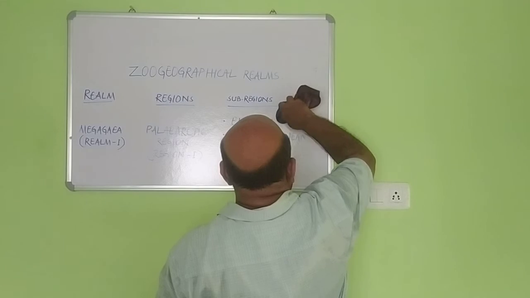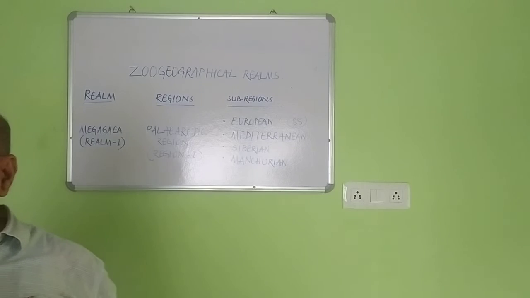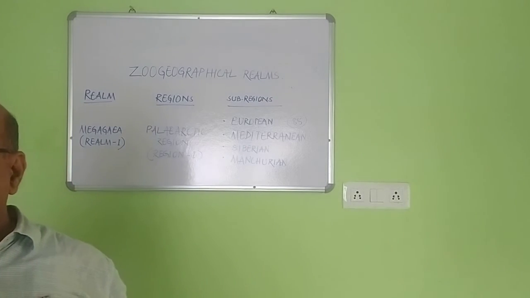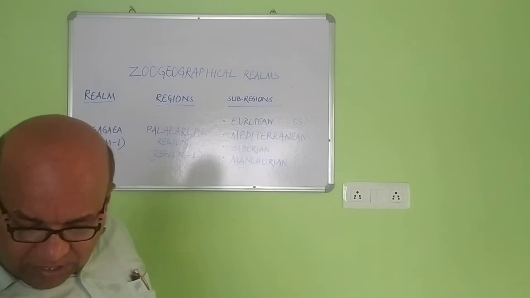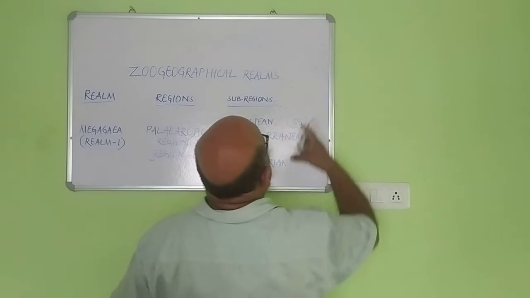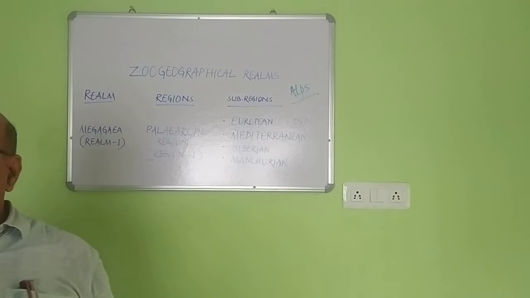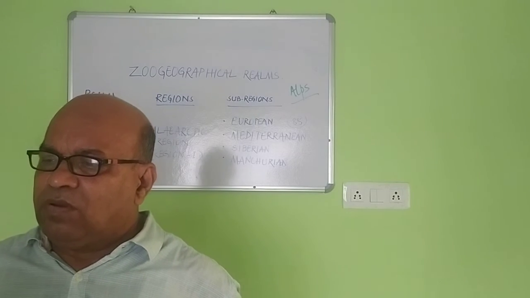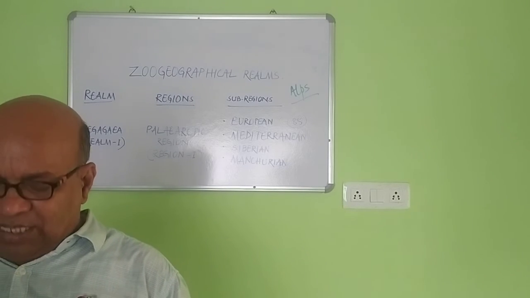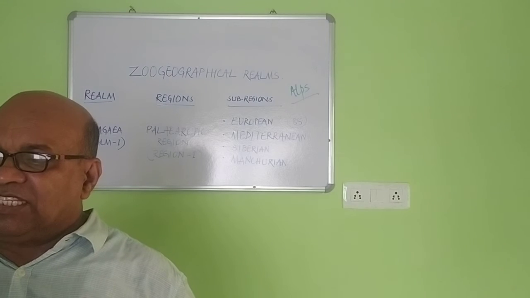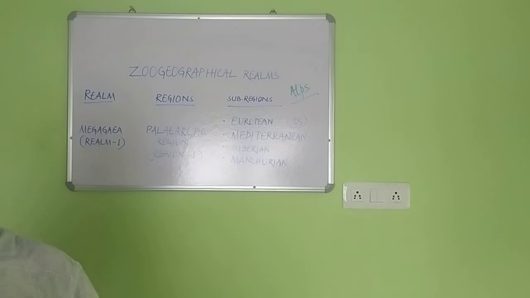Then after it, the Mediterranean. The Mediterranean includes the south of the Alps, which is a mountain range, the Balkans and Caucasus, portions of Arabia, Afghanistan, the Sahara Desert, Baluchistan, up to the bank of the Indus.